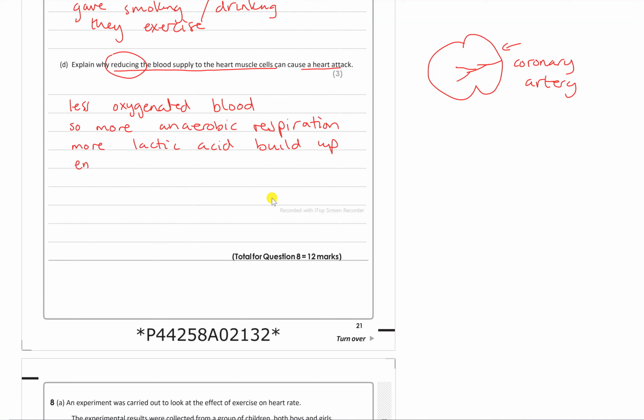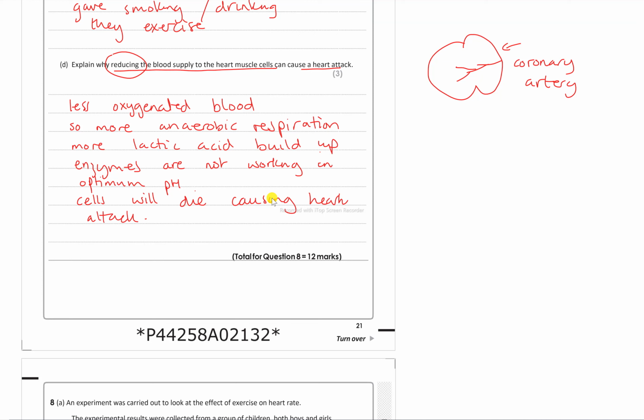That means that the enzymes are not working in optimum pH. So they're not working properly, and they could die. And then what that means is that the cells will die, causing heart attack.